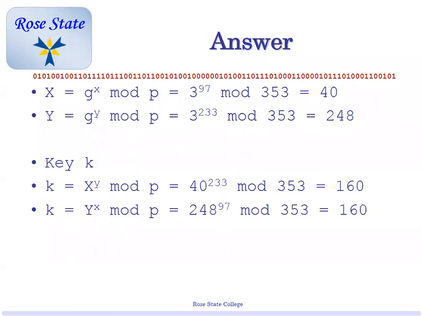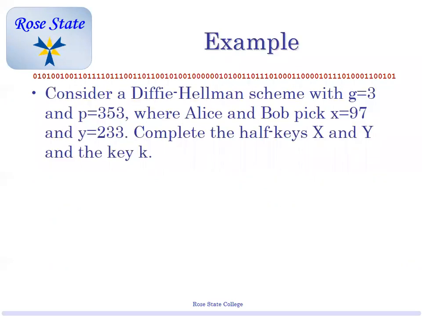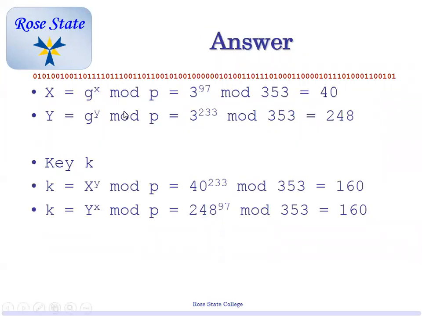So remember, the x and the 97 is what Alice picked. See this 97 right here that Alice picked? So that 97 is that small x. And they share G and P. So 3 to the 97, mod 353 gives us 40.